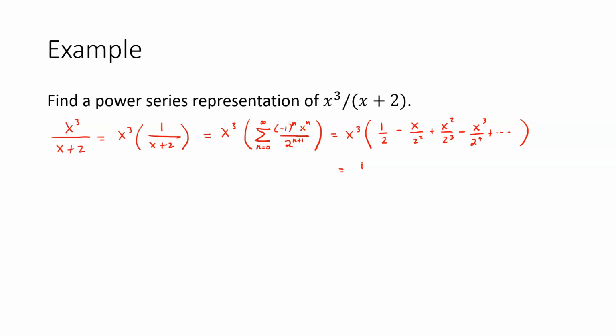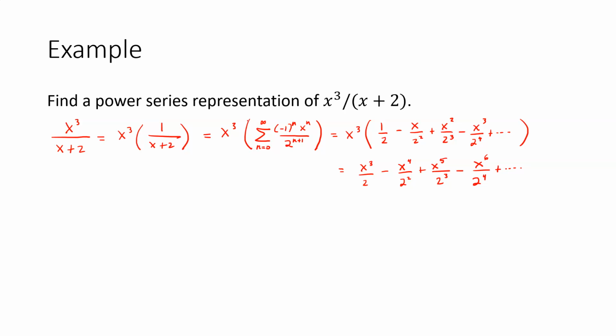So you can imagine here that now the first term is x cubed over 2. The next term would be x to the 4th over 2 squared. The next term would be x to the 5th over 2 cubed, and so on. X to the 6th over 2 to the 4th.